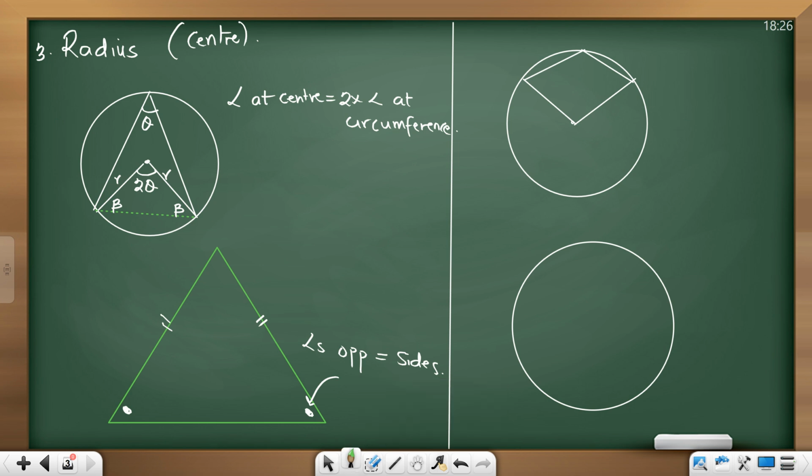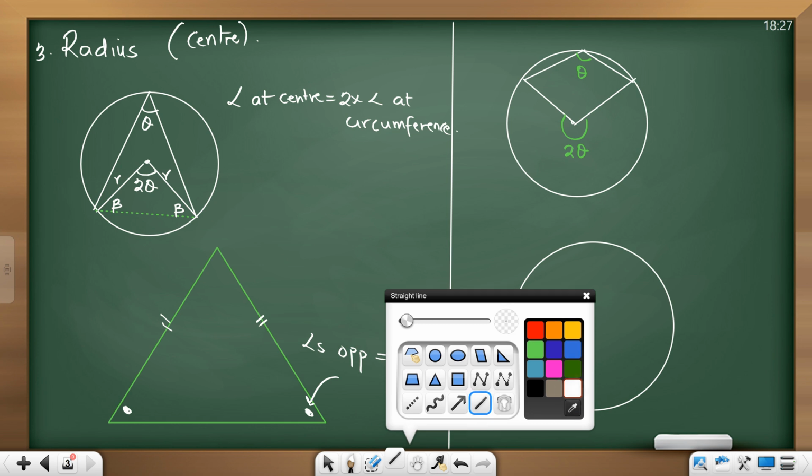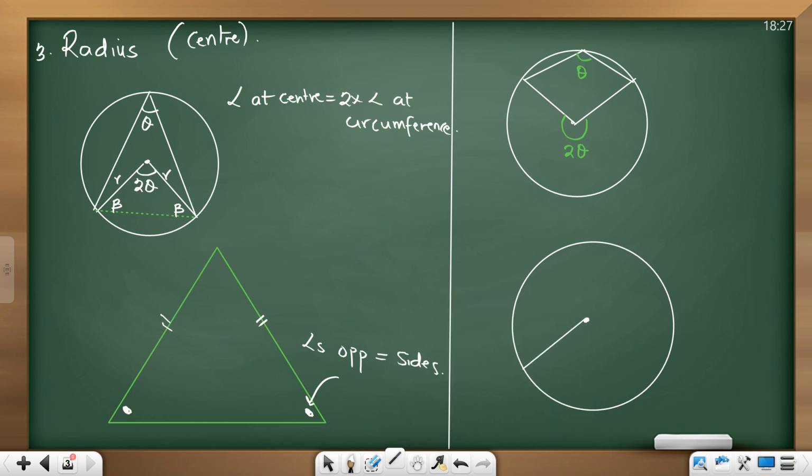Which angle are we referring to? The outside angle. Very, very crucial. Once you see that triangle like that, please, it is the outside angle that we are referring to. Another one is something that looks like this. Oh, by the way, this proof is examinable in the exam.